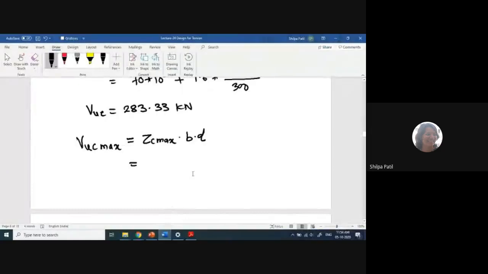So 2.8 into B which is 300 into D which is 450. What is VUC max? 378 kilonewton. This value is greater than VUE, so this is okay.